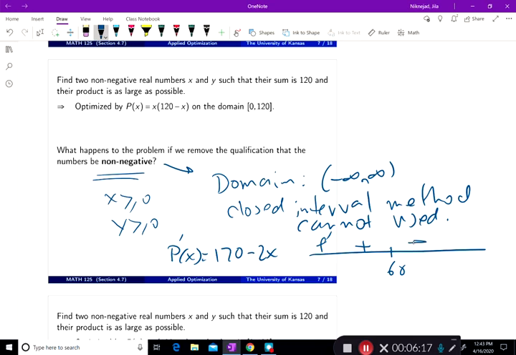After 60, you get a negative value. Oh, look at this. Increasing before, decreasing after, and no other place that it goes up or down. So there is an actual maximum at x equal to 60. And that's how you figured it out. So if the domain is different, you may have to use another method of testing.